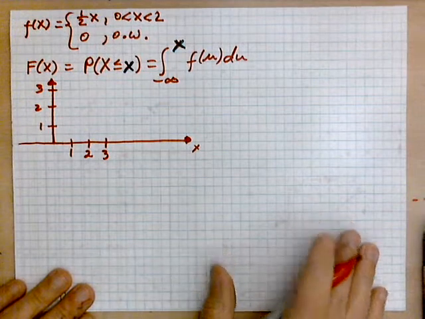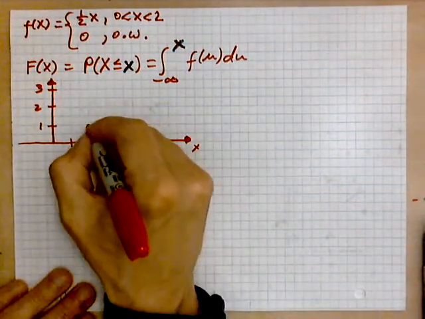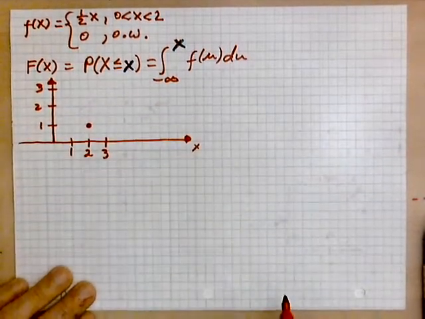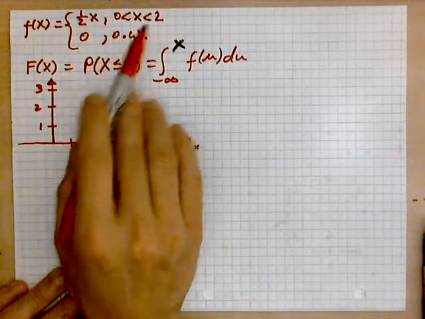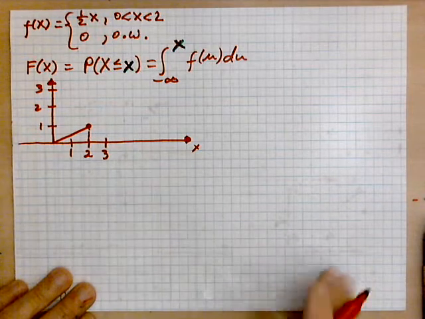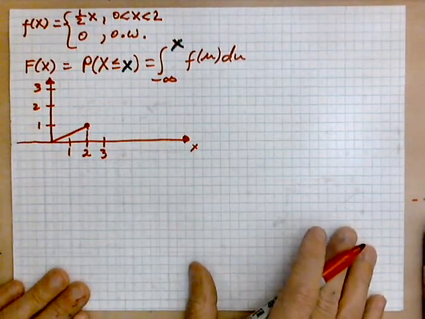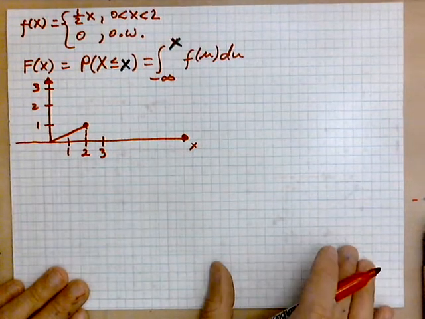So 1/2 of x means the following: 2 to the right and 1 up. Then this function is defined only between 0 and 2, so it looks like this. That's our PDF, our probability density function.